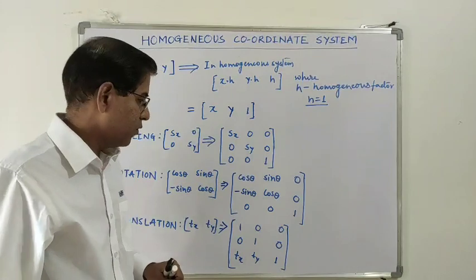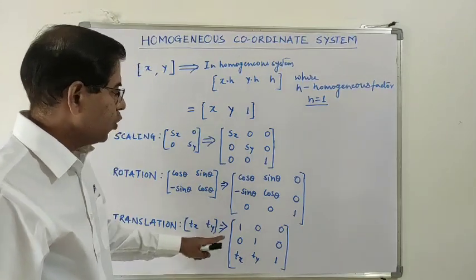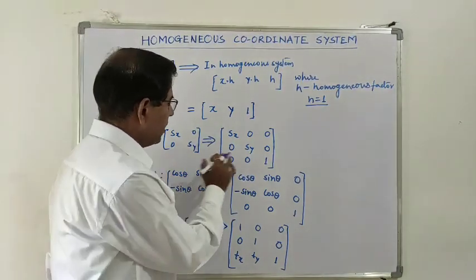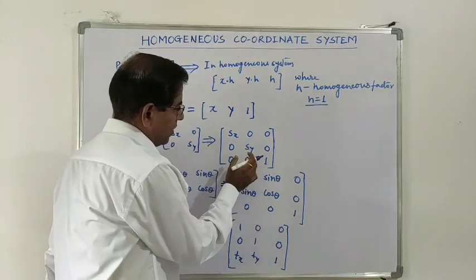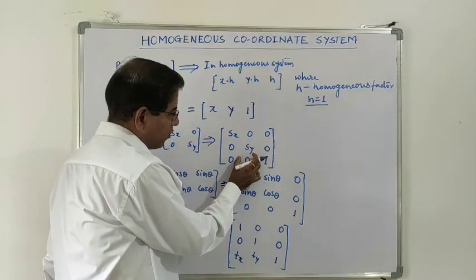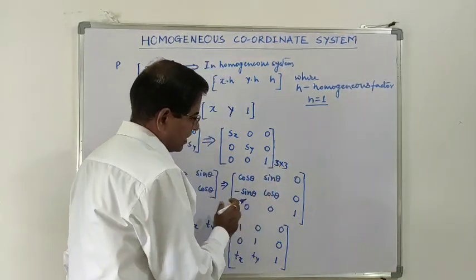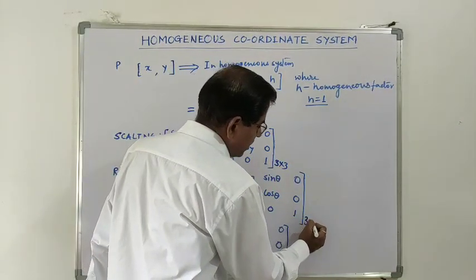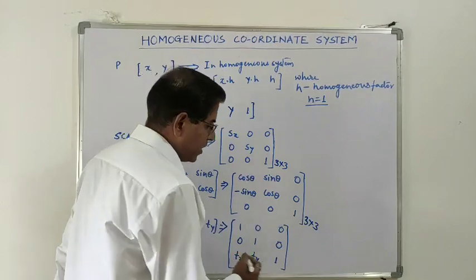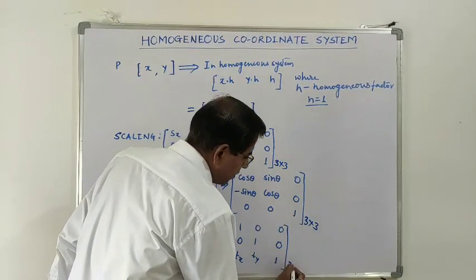So here the size of a scaling matrix is 3 by 3. Size of rotation matrix is 3 by 3. And size of translation matrix is 3 by 3.